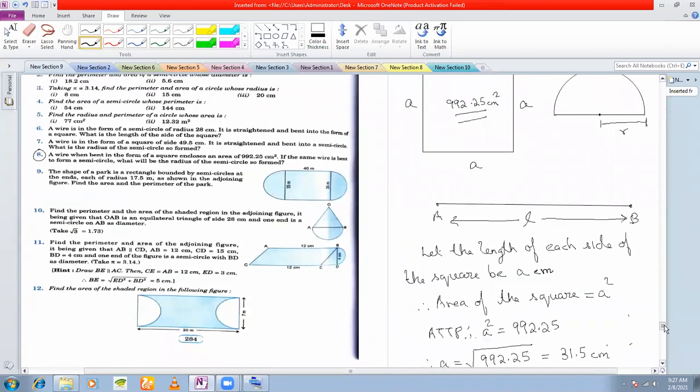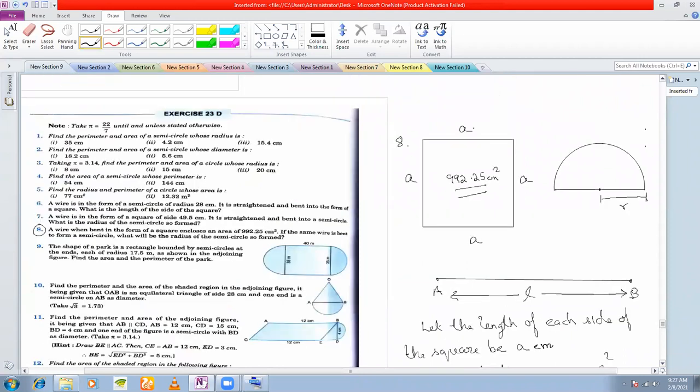Now if each side of the square is 31.5, then what is the perimeter of the square? Perimeter of the square is 4a, which must be equal to the length of the wire AB.